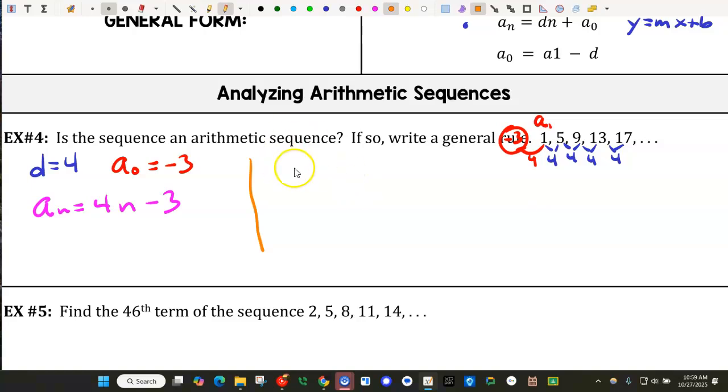So I could do this and say a sub n would equal, and if I just picked, right here, I'll pick 1. It could look like this: 1 plus the difference times n minus 1, and that would be equivalent as well.